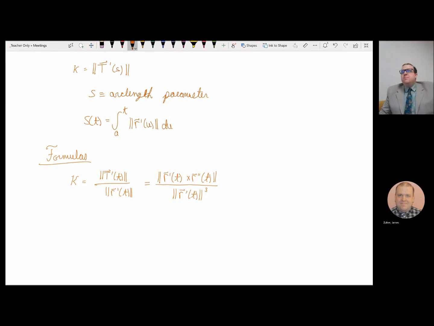This is the preferred method of calculating curvature, and it's the one that I will be using the most.